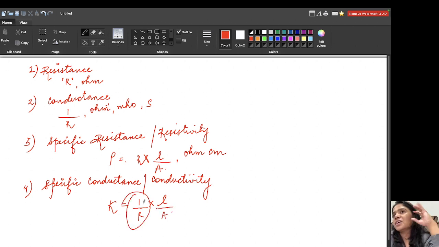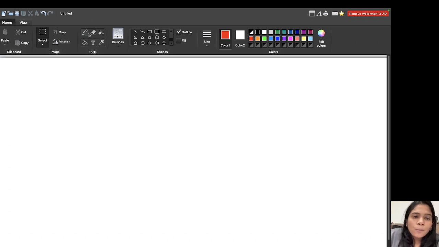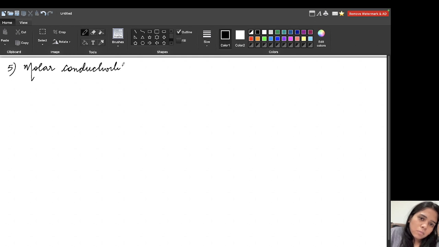So it's actually the conductance between 1 centimeter cube ions. Just the opposite units. Okay, so these four are the major things. Then what you have to keep in mind, the fifth thing is your molar conductivity.